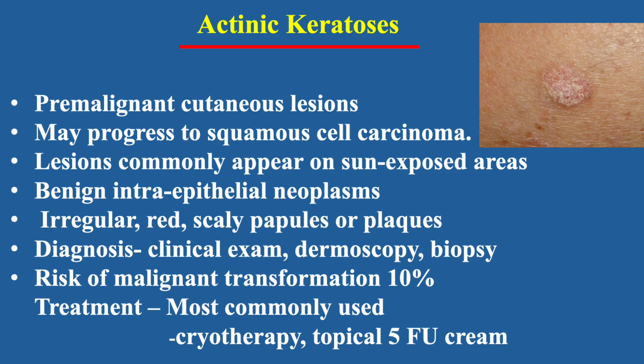They can vary in size from a few millimeters to several centimeters. It's considered a precancerous condition because if left untreated, it progresses to squamous cell carcinoma. Diagnosis is by clinical exam, dermoscopy, and/or biopsy, and treatment includes cryotherapy and topical 5-FU cream.